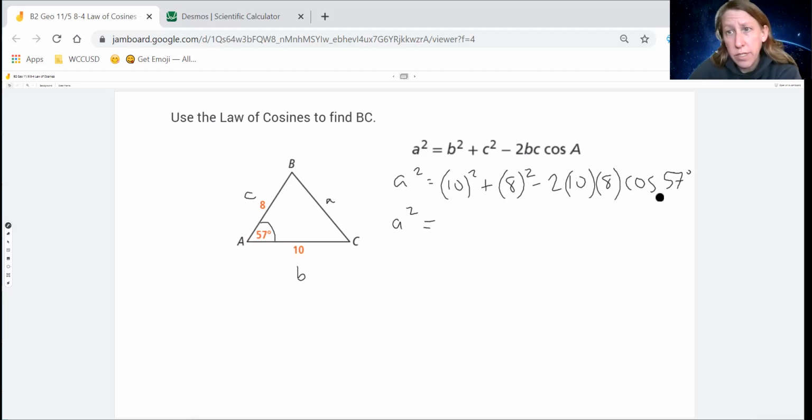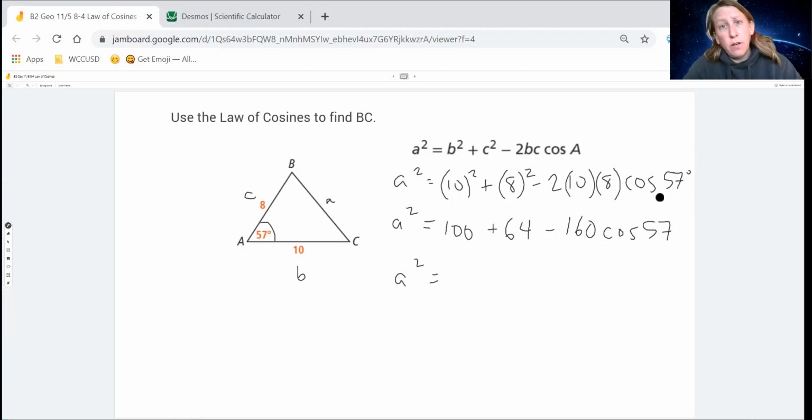Now I can do some of this math. I'll do 100 plus 64 minus 2 times 10 times 8, which is 160 times the cosine of 57.